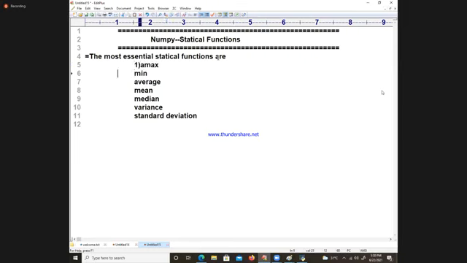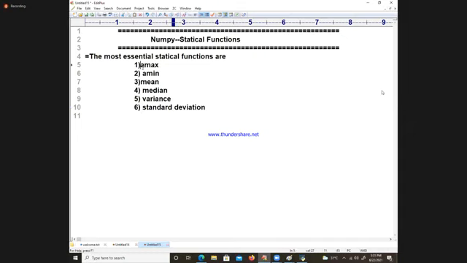That is very simple. I will apply that also. A min. So this average, leave it. Mean only. Then fourth is called what? Median. Fifth is called what? Variance. Sixth is called what? Standard deviation.